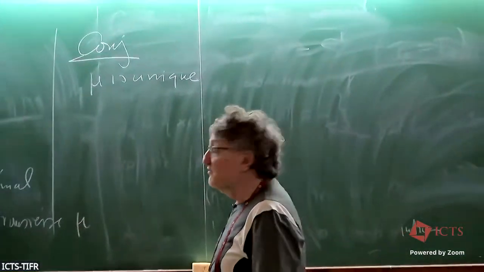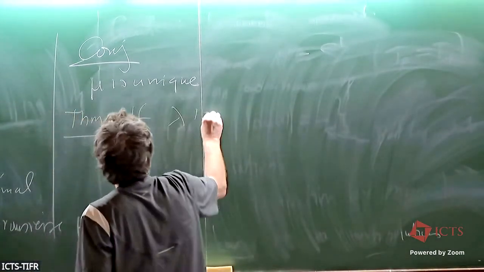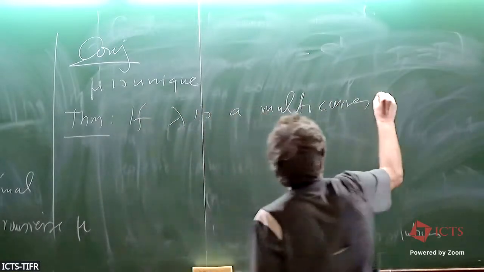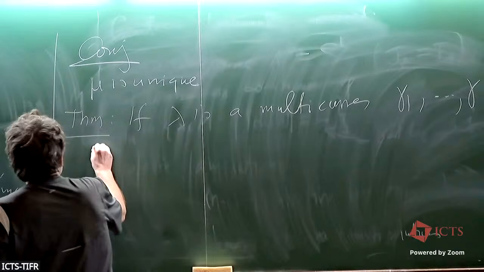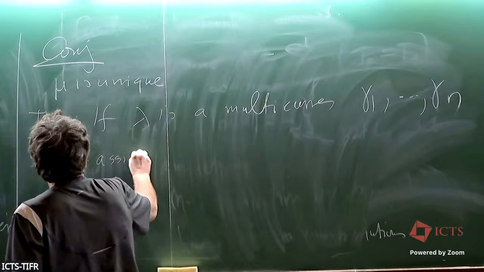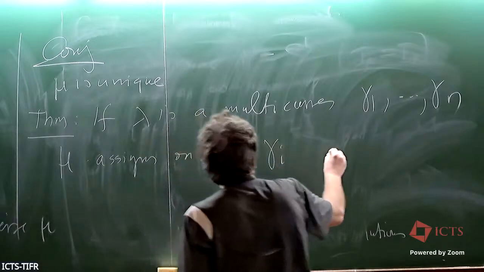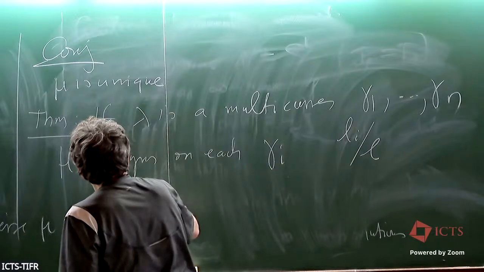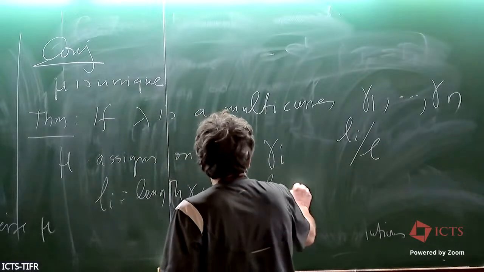The evidence for this is the following theorem we can prove. If lambda is a multicurve, gamma 1 through gamma n, then mu assigns to each gamma i the weight Li over L, where Li is the length of gamma i and L is the sum of the lengths.